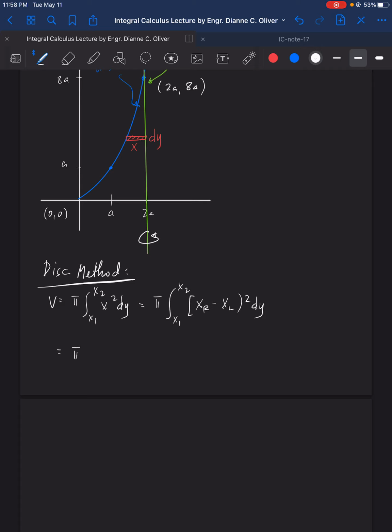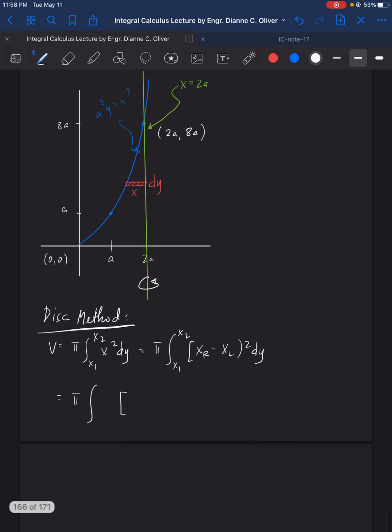This is pi integral of, our x right here is 2a, minus the x left. Our x left will be a squared y raised to 1/3, squared dy.